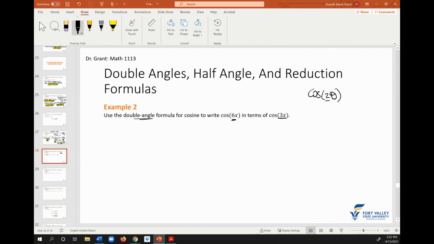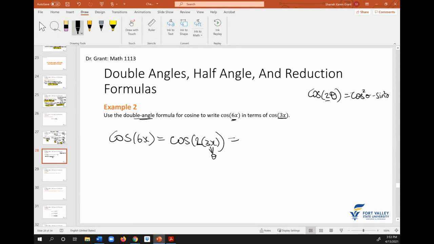So if we were to rewrite this, cosine 6x, we can really write this as cosine of 2 times 3x. So this would be my theta. Always good to know that. This would be your theta. So it's like 2 theta. Now we know the formula here is going to be cosine squared theta minus sine squared theta.